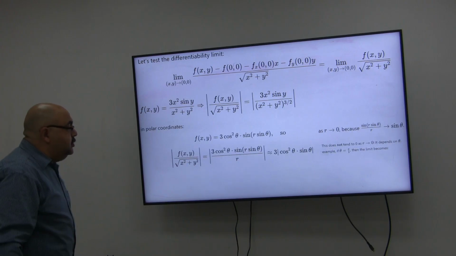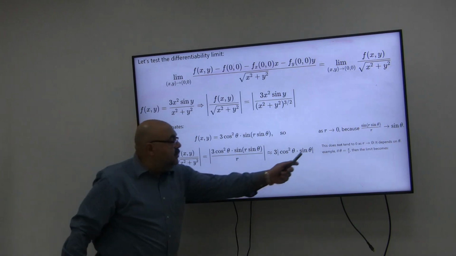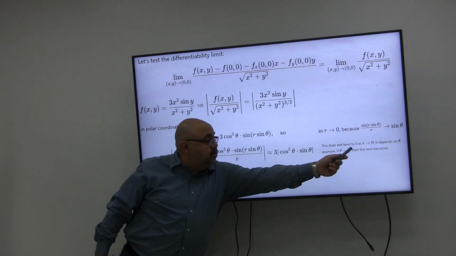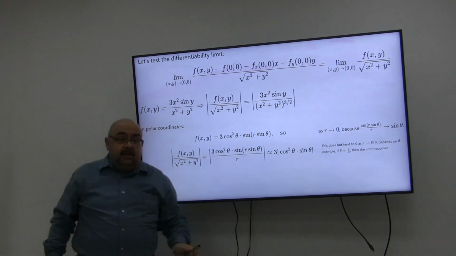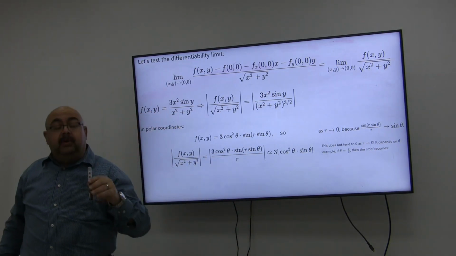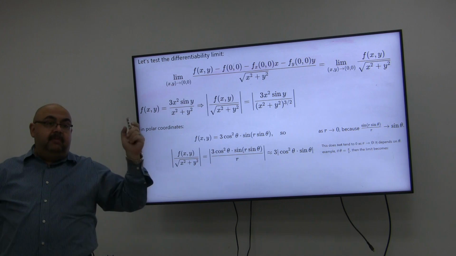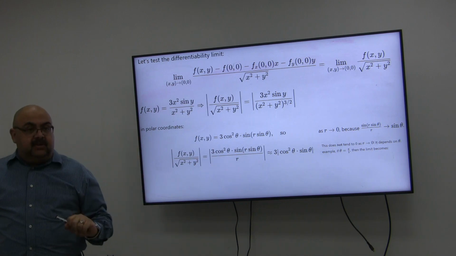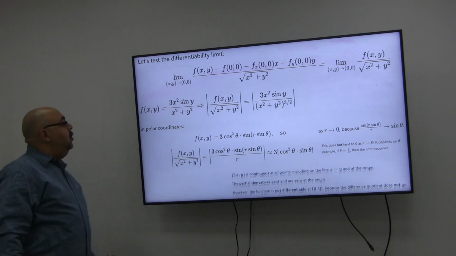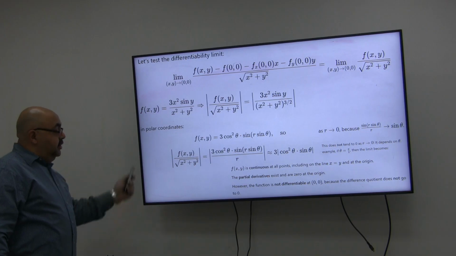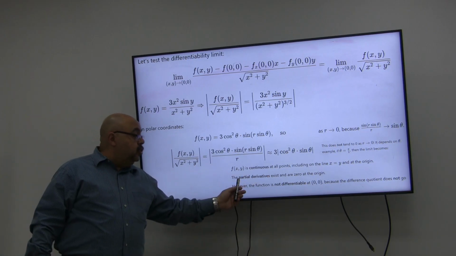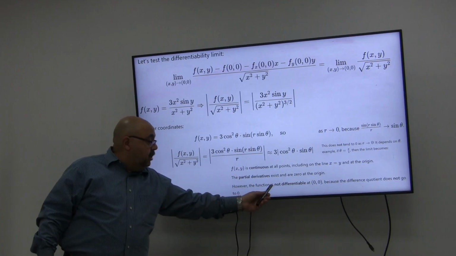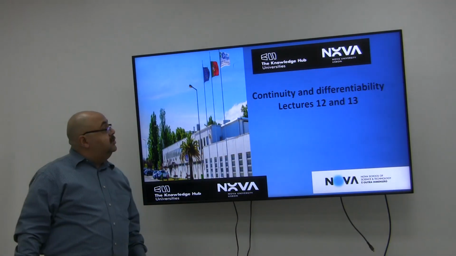When r is equal to 0, this doesn't tend to 0 as r tends to 0, so this function is not differentiable, exactly like the previous one. This is why I had to evaluate the directional derivative from the law that you saw previously. Do you see that? Okay. So in this case, f is continuous at all points, but it's not differentiable. This is why I will have to use the differential.